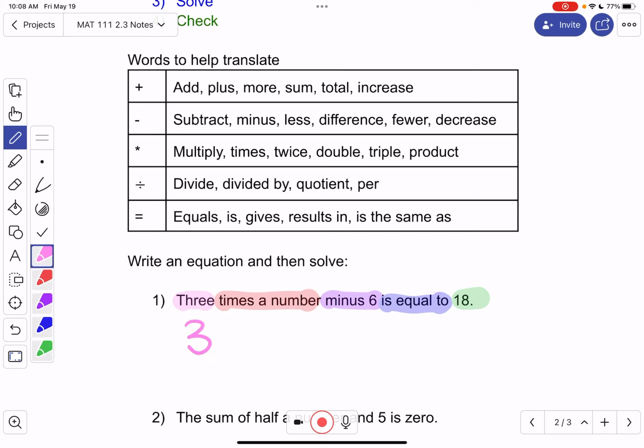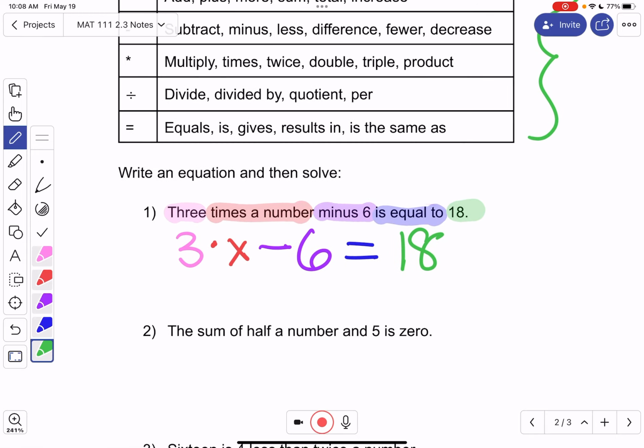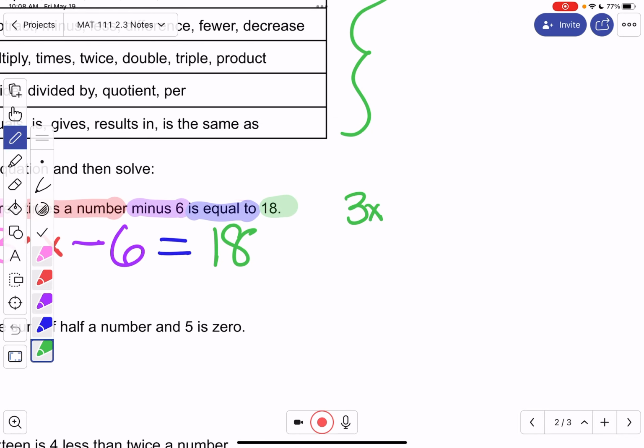Times a number tells us we're multiplying, and a number, we don't know what that is. So it's like times x. Minus 6 is equal to 18. So just using those words and looking for where they match up in this chart, we now have an equation. 3x minus 6 equals 18.